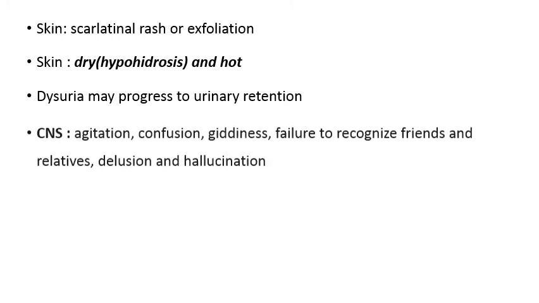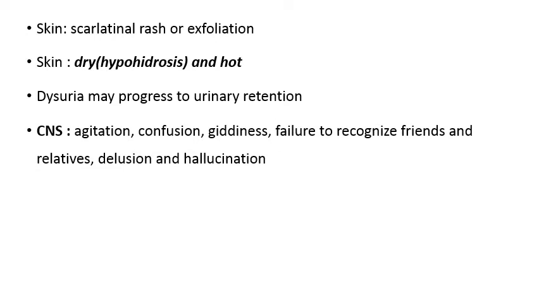Dry, the condition is called hypohidrosis, and it is very hot. Remember, these are the effects of atropine, right? In pharmacology, you know the mnemonic. You just refresh, you will come to know what it is. Effects of atropine. Person may also experience difficulty in urination, that is dysuria, which may progress to urinary retention.